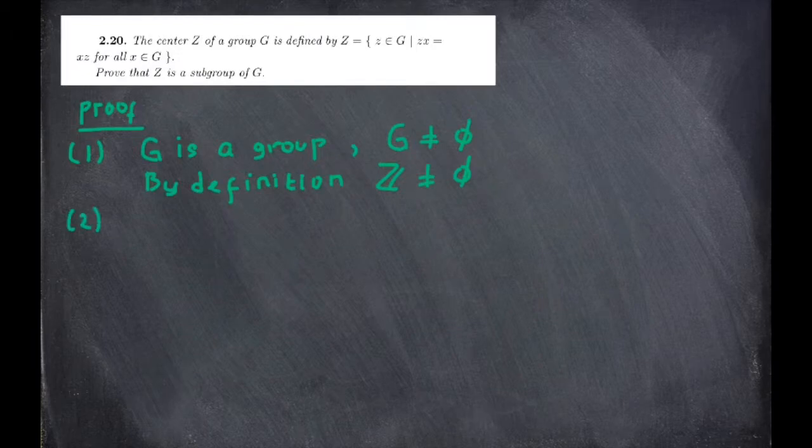The second is we need to show that Z is closed for products.